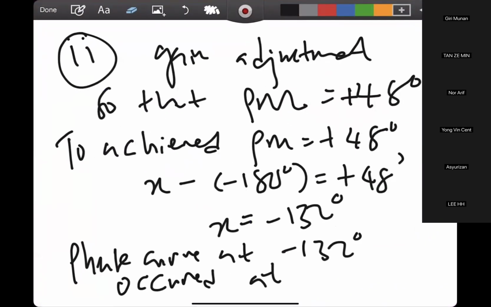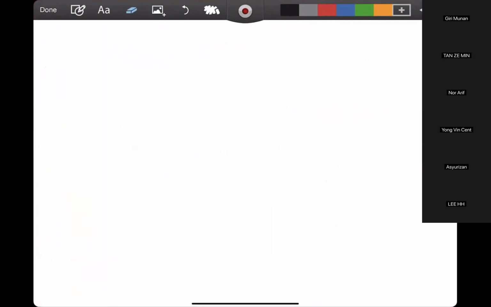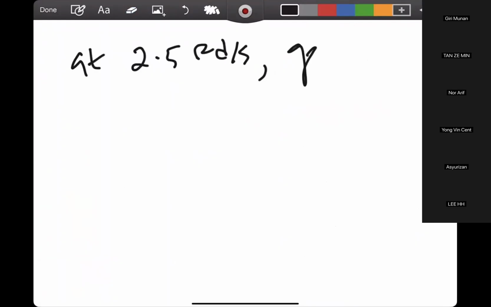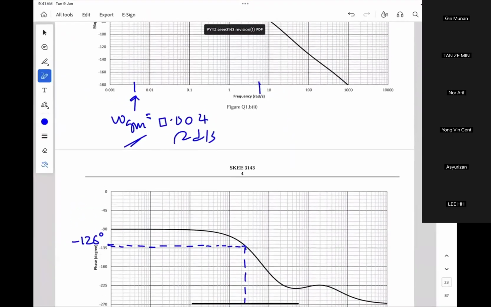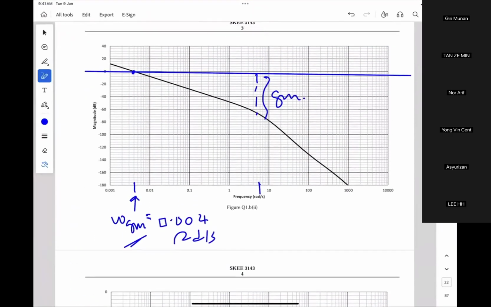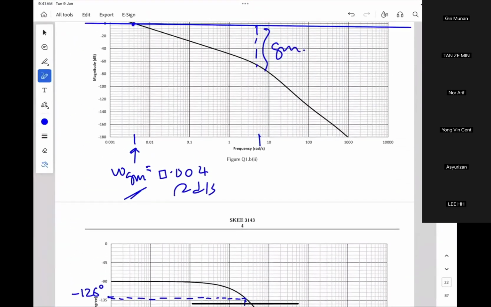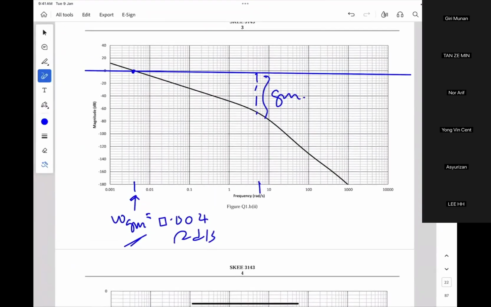So, at 2.5 radian per second, gain curve is how many dB? 2.5 kat sini.